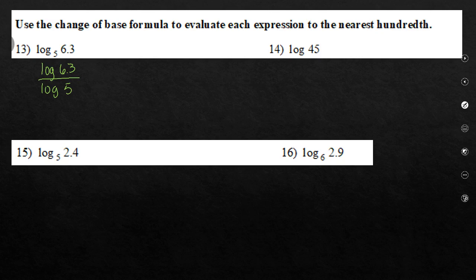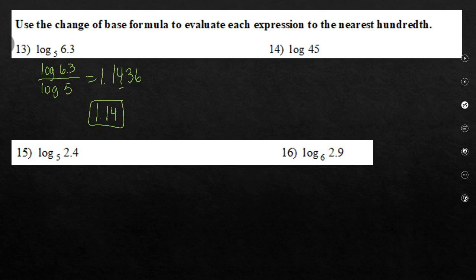Type that into your calculator and let it do all the work for you. So log base 10, we don't write the 10, of 6.3 divided by log base 10 of 5 gives us 1.1436, and it says round to the hundredths place, so we'd say approximately 1.14 is its value.